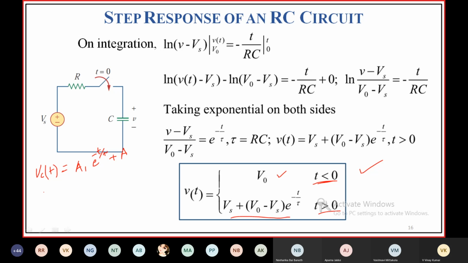Let me use the initial condition Vc of 0, which is equal to, anyhow, a1 is minus Vs, minus Vs plus. Here this will be K.